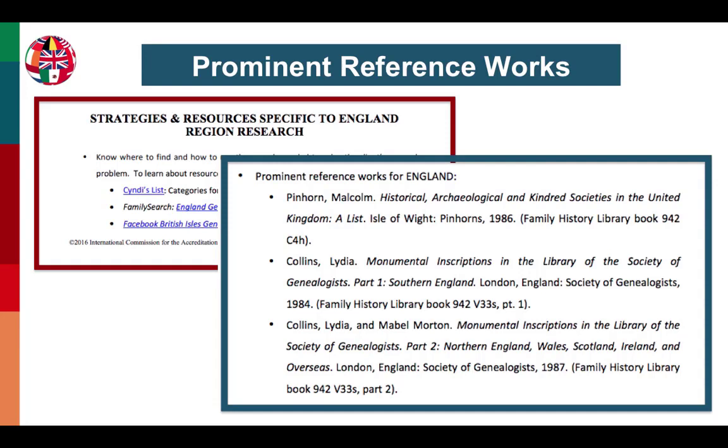Also, in your strategies and resources that are specific to your region, they may list prominent reference works. And you may be directed as to where to find them. So make sure you're aware of what is considered a prominent reference work for your region.